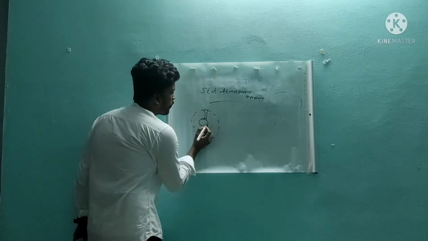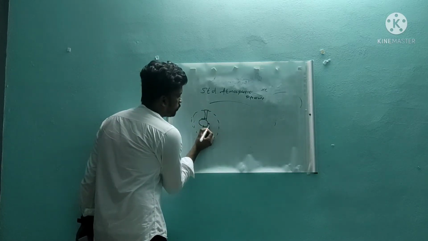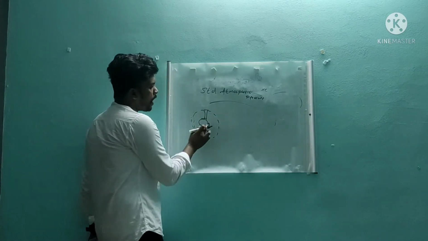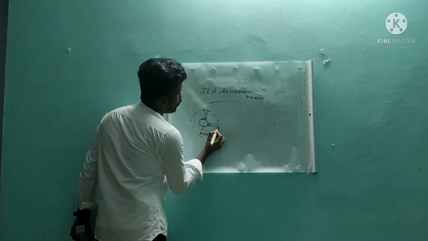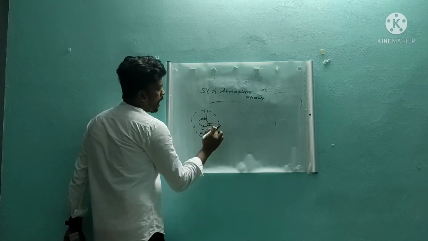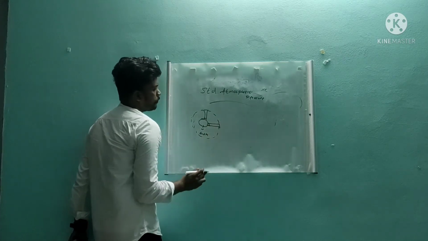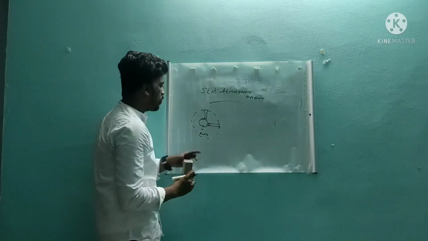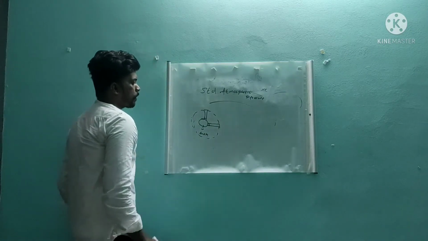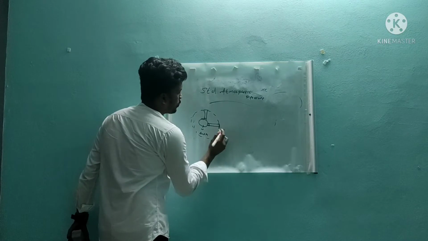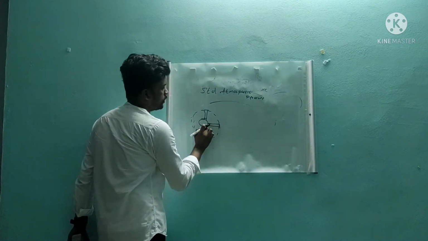Consider this. We want to find the atmospheric pressure of this unit area. For this, we need the air flowing to the end of this area, to the end of the atmosphere.